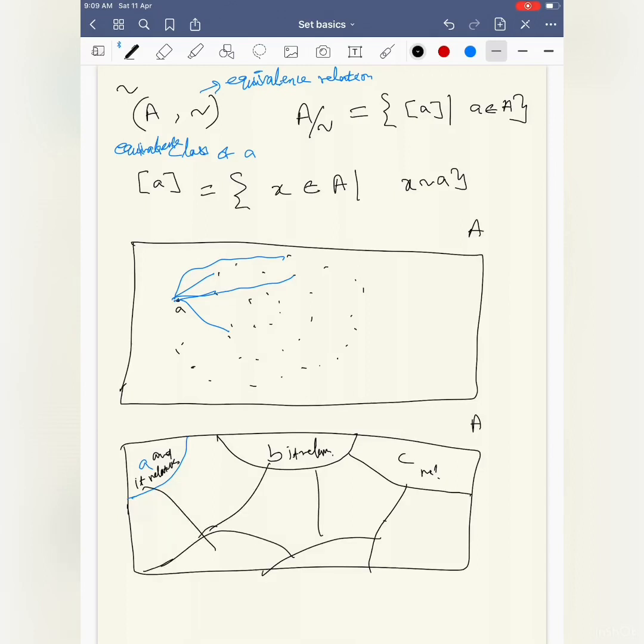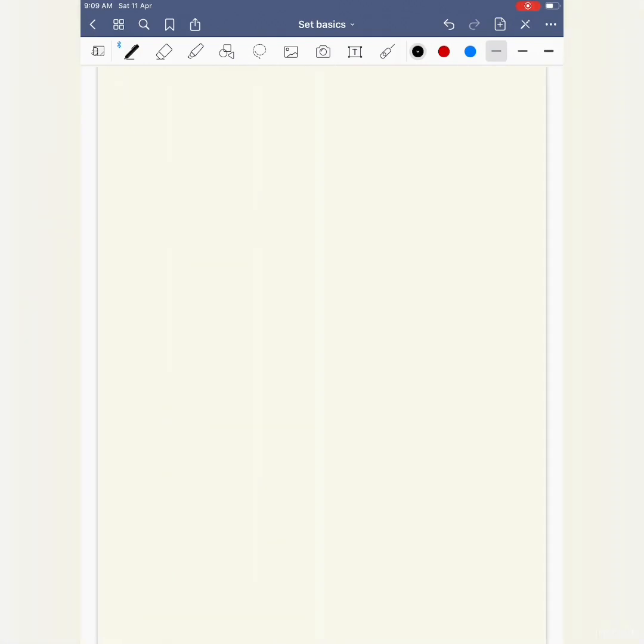You can ask why this is disjoint. I can split the relatives; we will see that it is disjoint. Disjoint means A can be written as a disjoint union, this is the symbol, over i belonging to some index set. It may be finite or infinite, it doesn't matter.